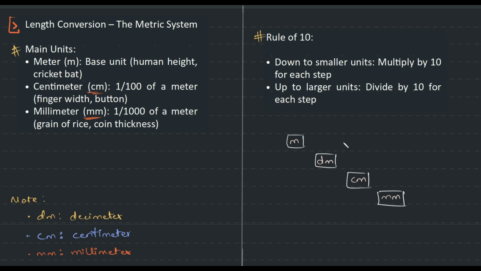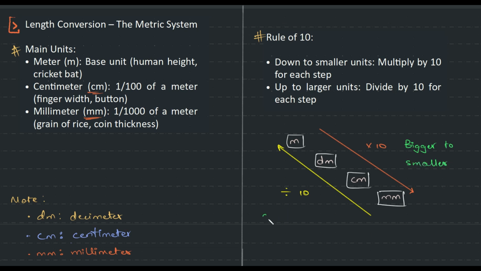So now, if I am converting a meter value to a decimeter value, I need to multiply by 10. Every step I go down, I need to multiply by 10. If I'm trying to come up, I need to divide by 10. So going down has to do with what? From bigger to smaller.